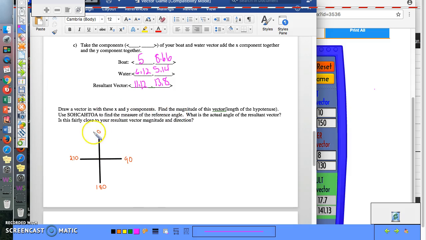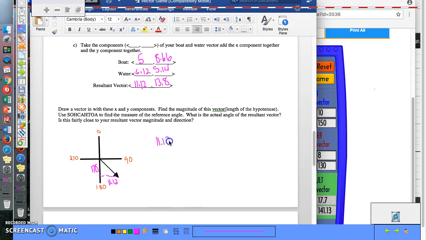So draw a vector in with these x and y components, so our x and our y. It would be down here, and we could draw it in anyway. I'm going to draw in that arrow again because it looks like our resultant was right there. Let me try that again. If we did our x of 11.12 and 13.8, what theorem could we use?